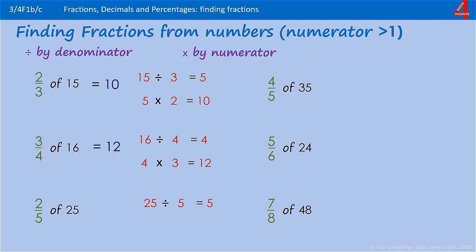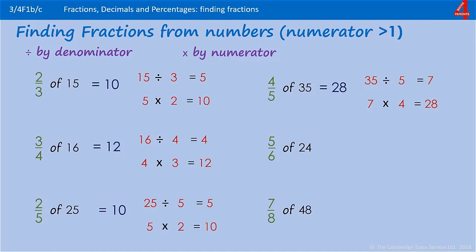Now I'm going to multiply 5 by the numerator. 5 times 2 is 10. 2/5 of 25 is 10. 4/5 of 35. 35, divide it by the denominator. 35 divided by 5 is 7. Now I'm going to multiply 7 by the numerator. 7 times 4 is 28. 4/5 of 35 is 28.